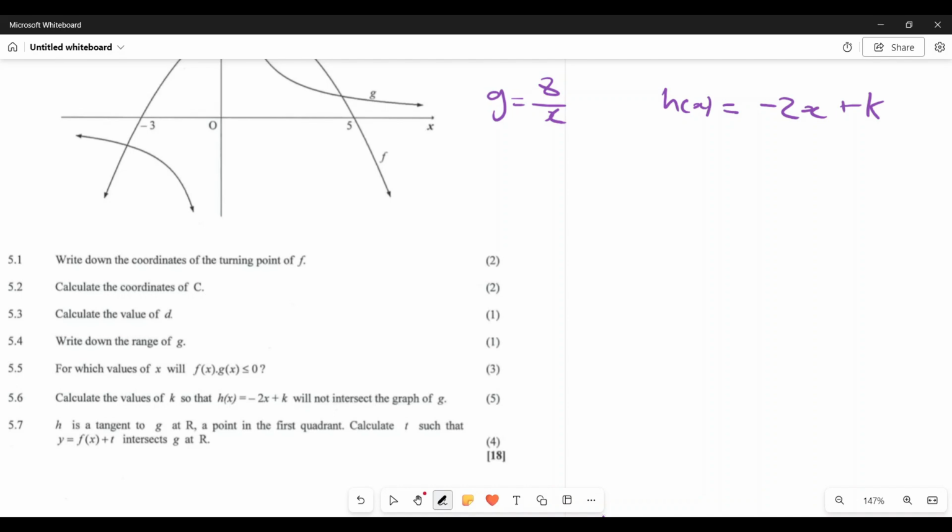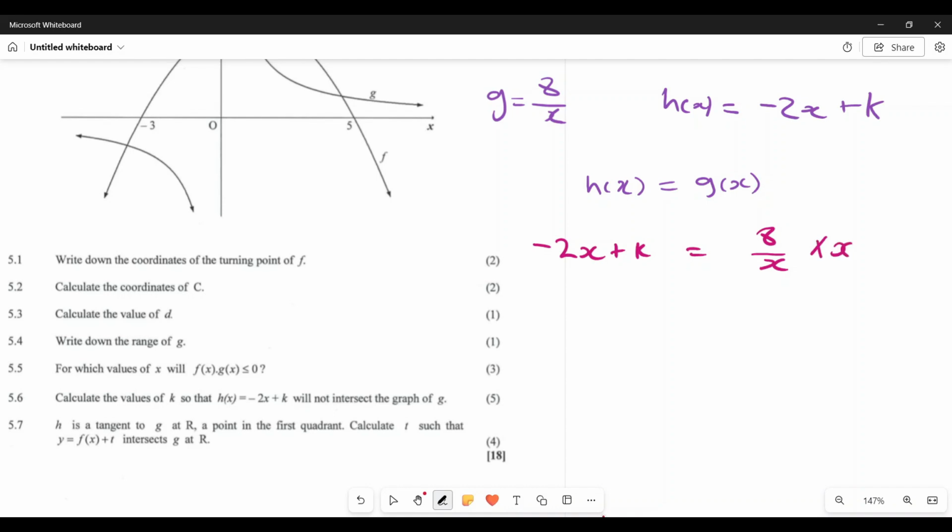So first step, we're going to equate the two equations together, right? So let me go about doing that. I'm going to say h of x, I'm going to equate it to my g of x. Now substituting my values, -2x plus k is equal to 8 over x. Now I'm going to try and get rid of this x, which is on my denominator, so that this could be in standard form. I'm going to do the opposite of what it's doing.